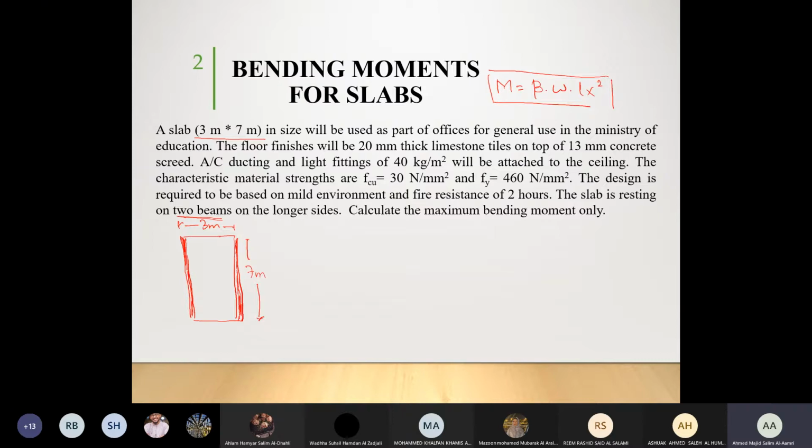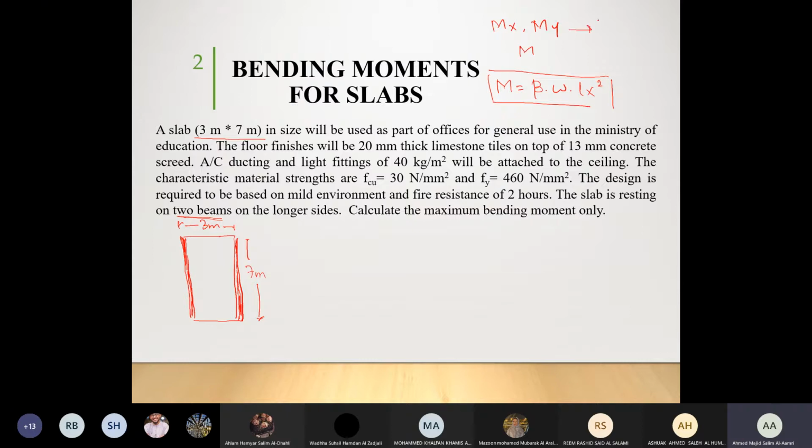But first, before we proceed with the loading and calculation and everything, we should know whether I need to calculate Mx or I need to calculate My, or it's only going to be one moment in case of a one-way slab.